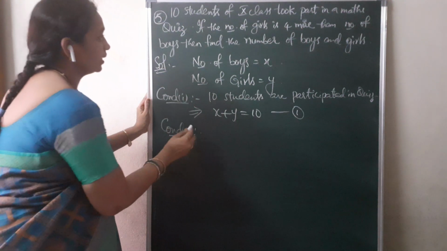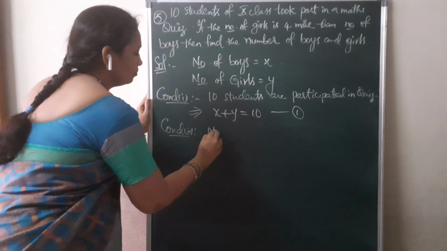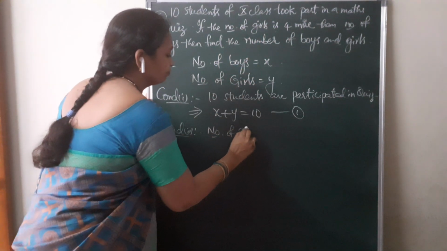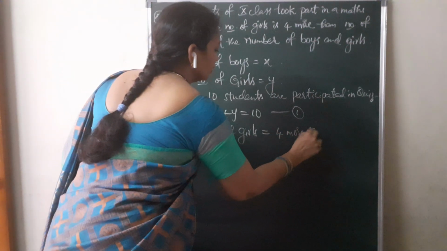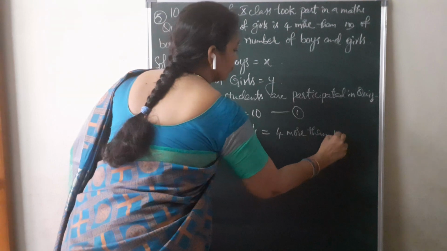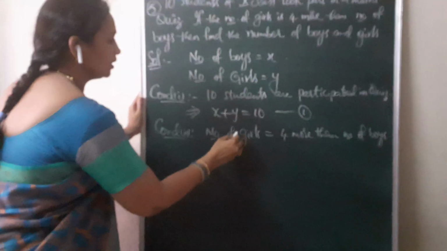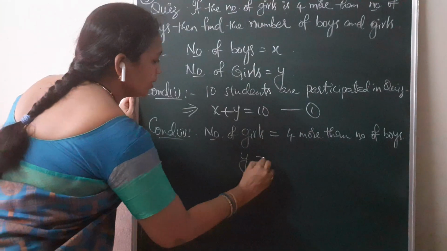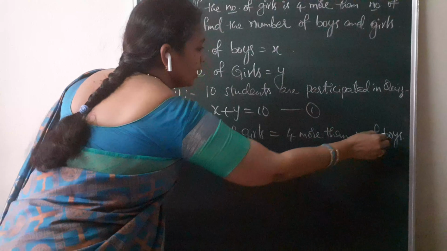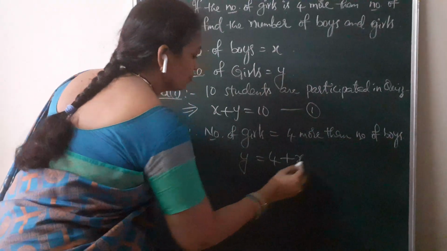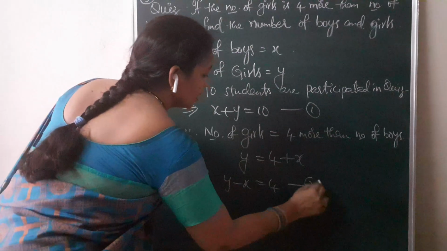Condition 2 says that the number of girls is 4 more than the number of boys. So girls are y. y is equal to 4 more than, which means addition. 4 more than what? Number of boys, x. So y minus x is equal to 4, the second equation.